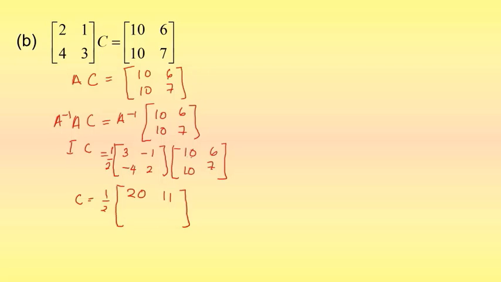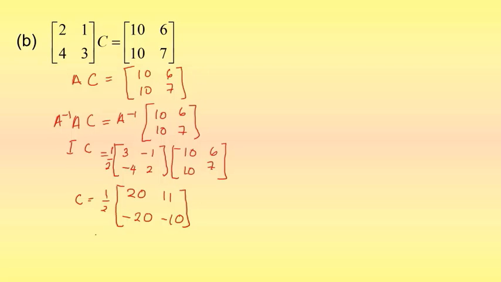Negative 4 times 10 plus 2 times 10. So we have negative 20. Negative 4 times 6 plus 2 times 7. Okay, what we have here? We have 10, negative 10.